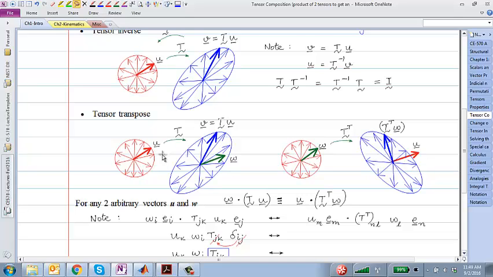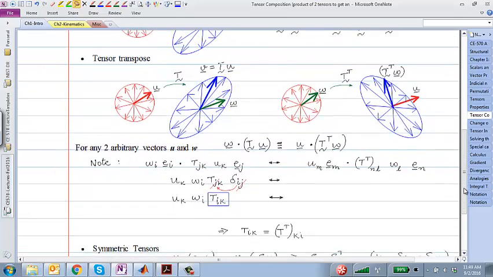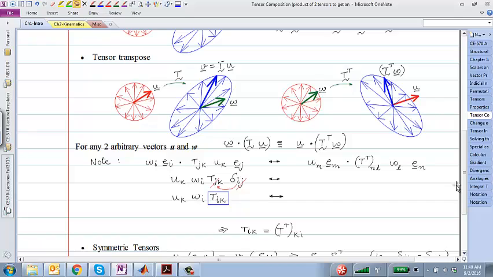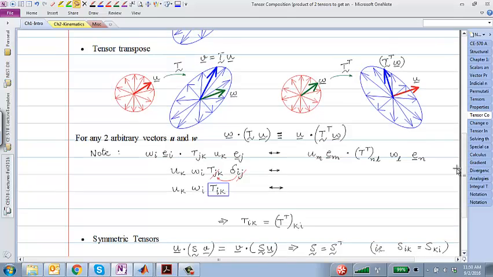Okay, so that's how a transpose is defined, and I'll show you now how to get the transpose of a tensor in terms of its components, and we'll see exactly why we have to exchange the rows and columns for that. So what I'm doing here is just writing the same expression in terms of indicial notation. w becomes w_i, T acting on u becomes T_jk, k is repeated with u_k, so that's a matrix vector multiplication right there.